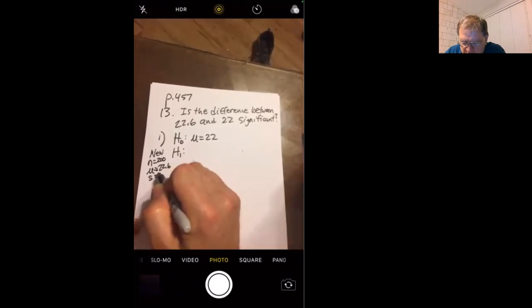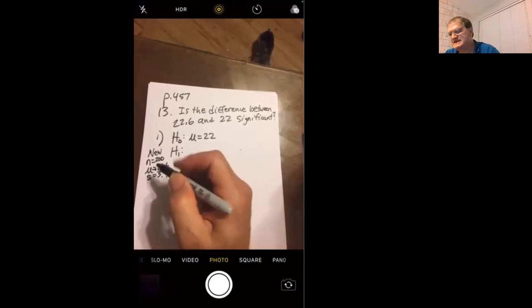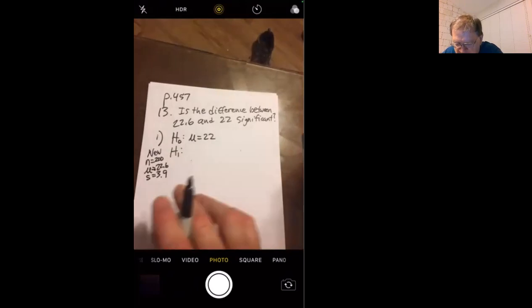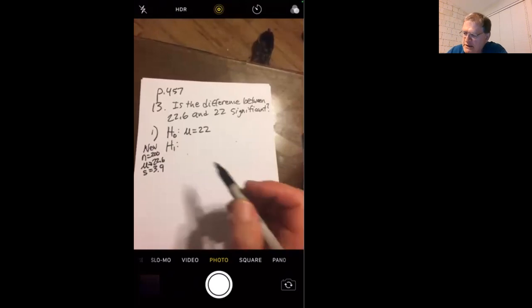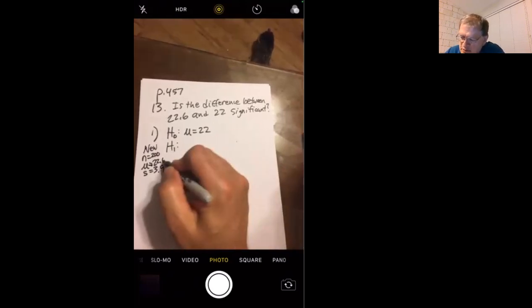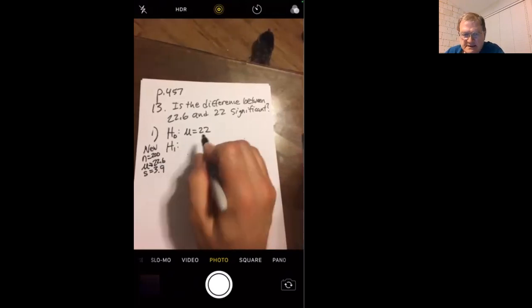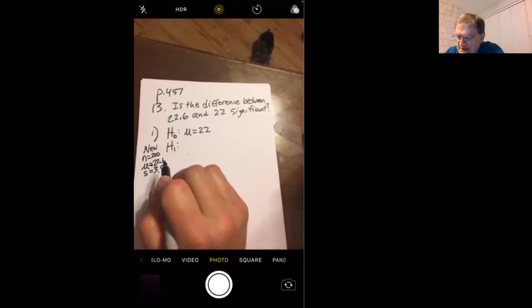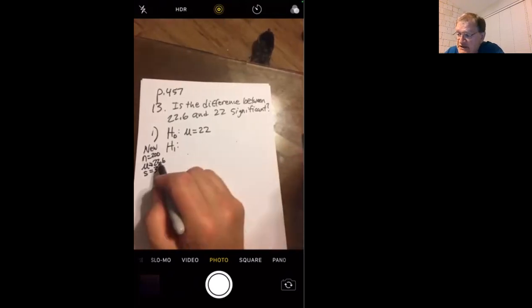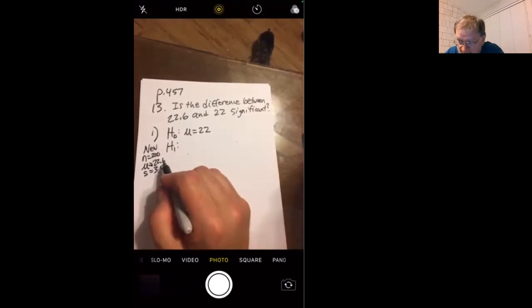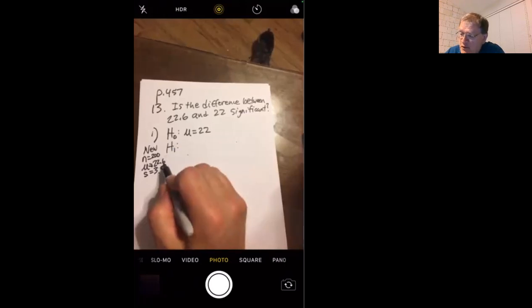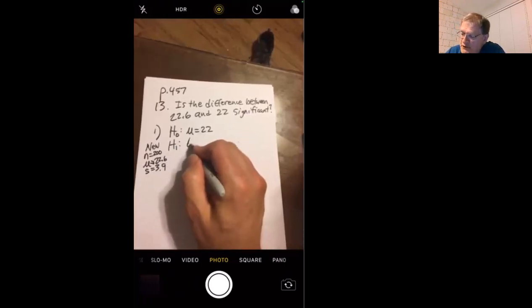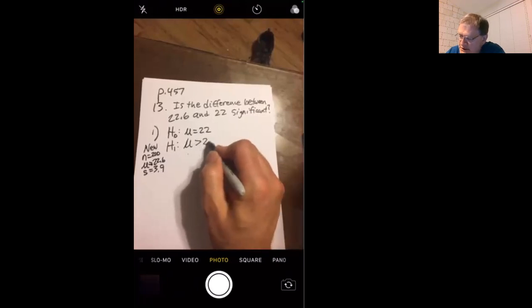Standard deviation of 3.9, kind of mixing population and sample symbols, but it doesn't much matter. Really, is this new mean of 22.6 significant? If it is significant, then it suggests that yes, they are ready for college level math. Now there's no language here about being different from or anything, so the 22.6 is greater than 22. Our alternative hypothesis is mean greater than 22 then.